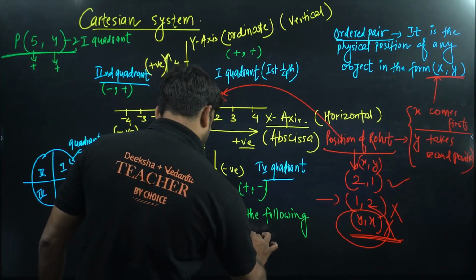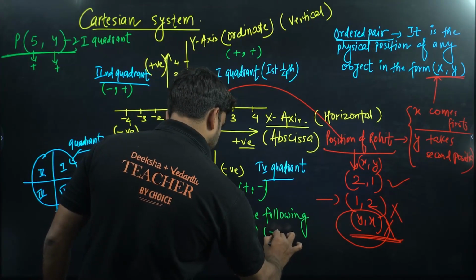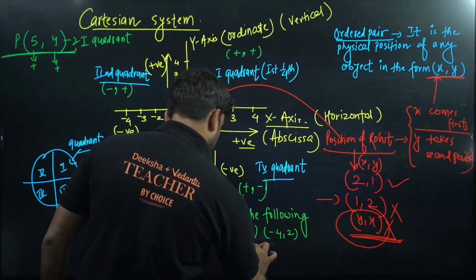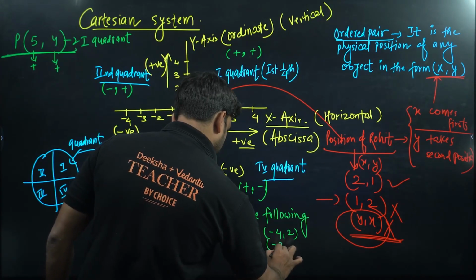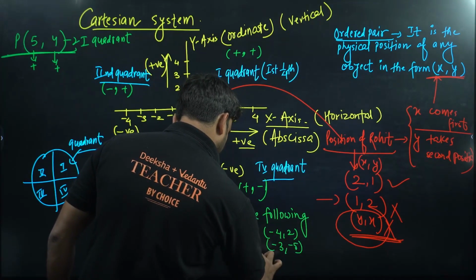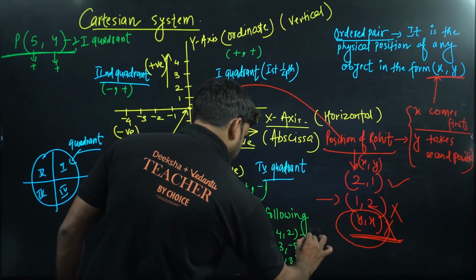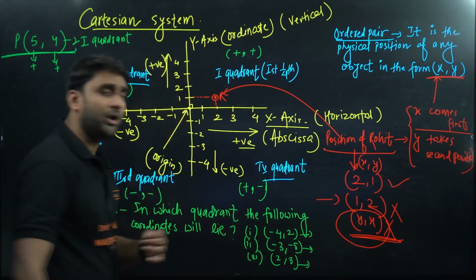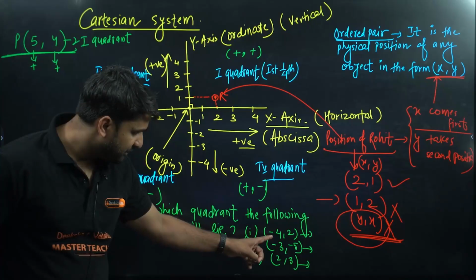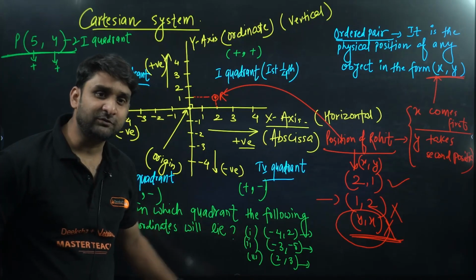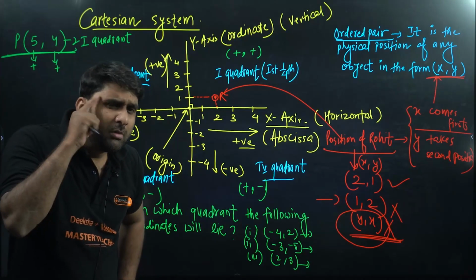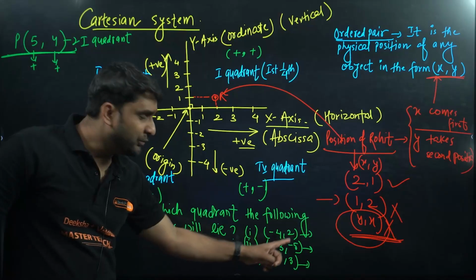I'm giving you the coordinates. Yes, please tell me in which quadrant these coordinates will lie. So can you see here, the first question is (-4, 2). -4 is for the x-axis and 2 is for the y-axis.